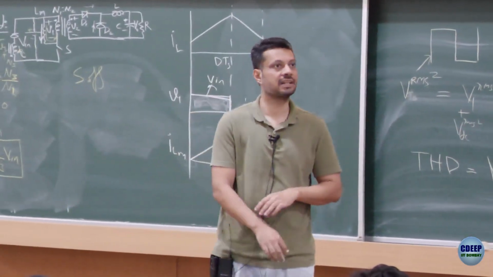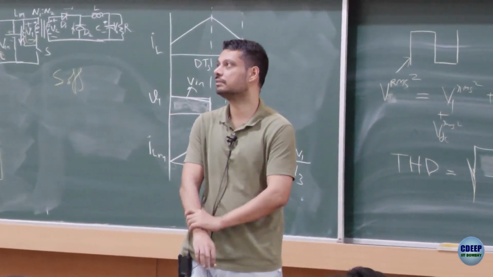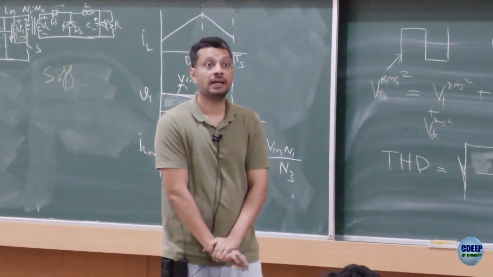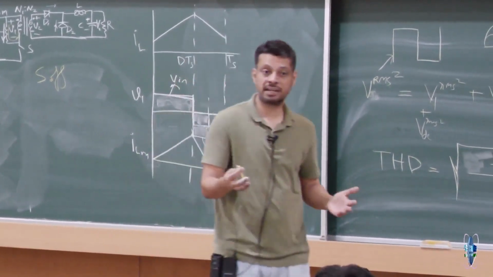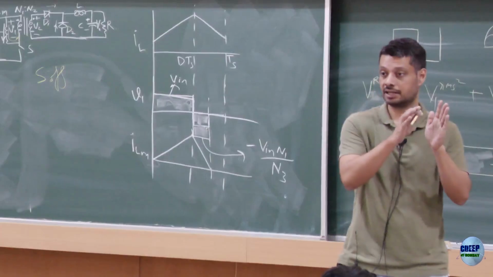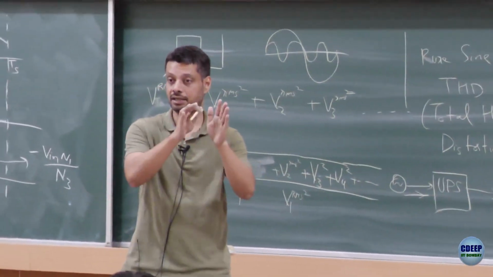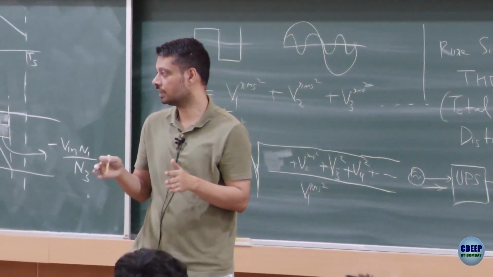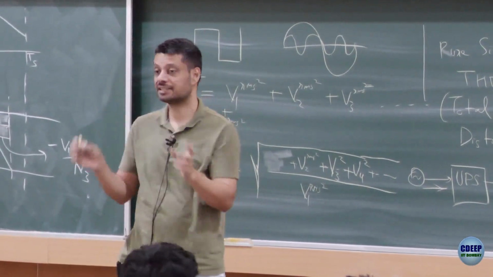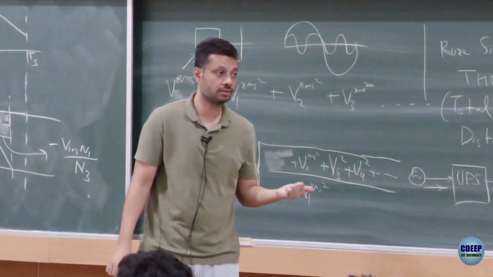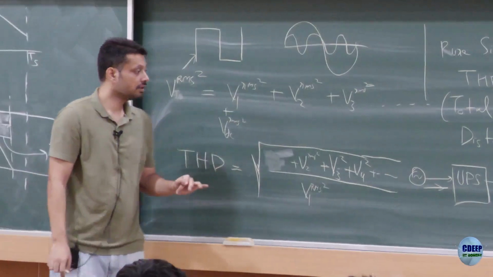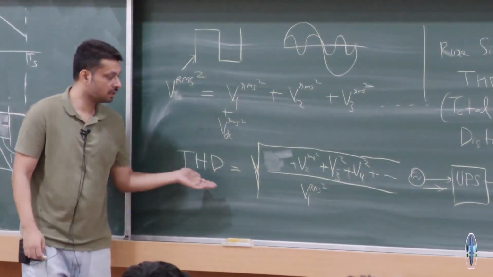Let me think of another example where you can explicitly find the THD. Solar inverters inject a current into the grid, right? The current they inject is again pure sinusoidal, and they define the pureness of that sinusoid using total harmonic distortion. Is that okay? So this is a very useful term, we will keep using it.